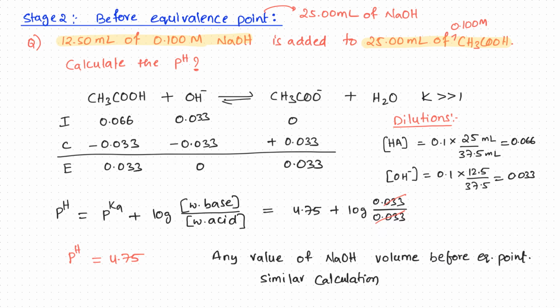We can take any volume of sodium hydroxide from 0.1 ml up until the equivalence point. The calculation will be similar. In the next slide, we will see what the pH will be at the equivalence point, that is in stage 3.